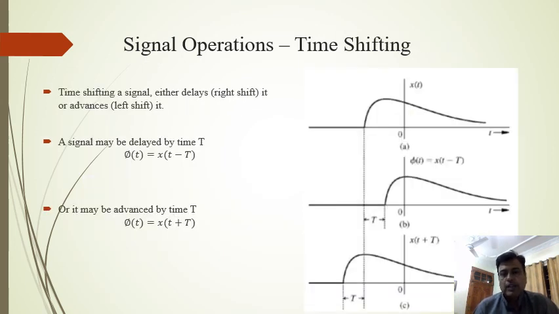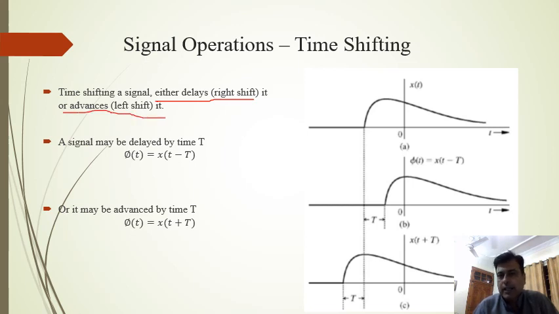Okay, so the next operation which is performed on the independent variable is called time shifting. Time shifting a signal either delays that signal, where delay means right shift, or advances that signal, which means left shift.